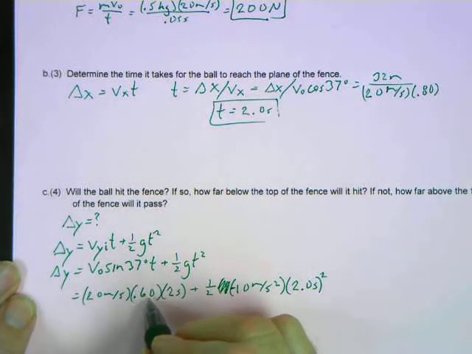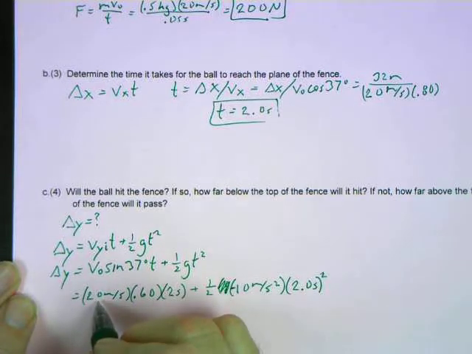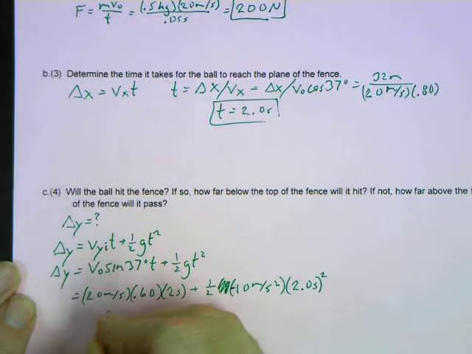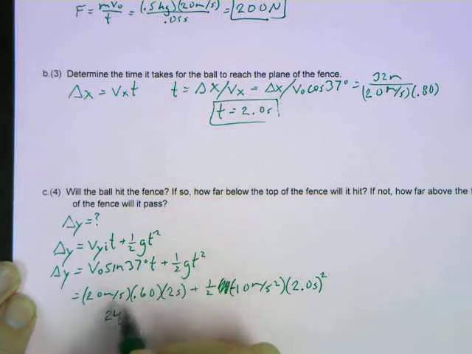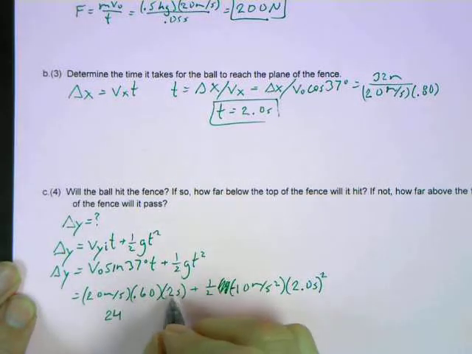Theoretically, this was pre-calculator. So 0.6 times 2 is 1.2. 20 times 1.2 is 24. So I've got 24 meters per second. That doesn't look right. Nope, it's not meters per second.